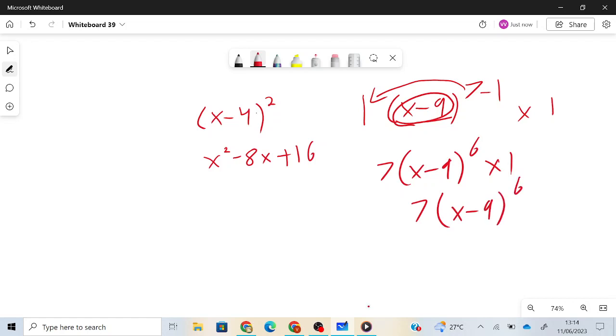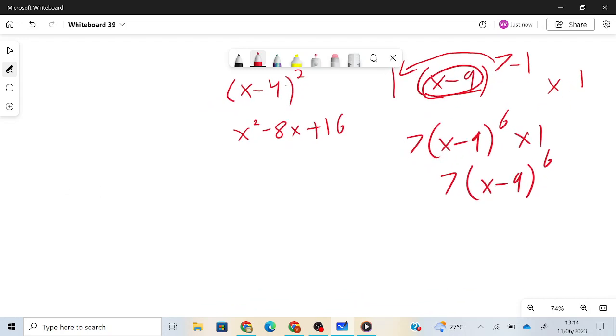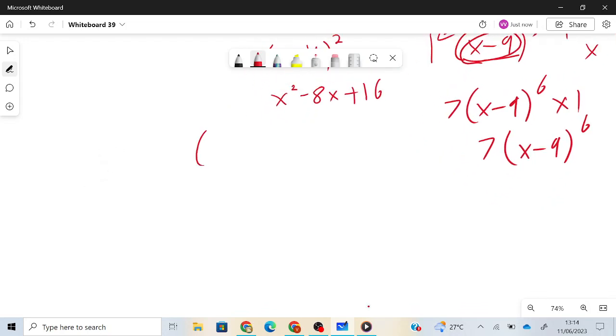Now that's for differentiation. How does it work when you have to integrate using the reverse chain rule? Let's take this example again. Let's say our expression is still (x minus 9) to the power of 7.